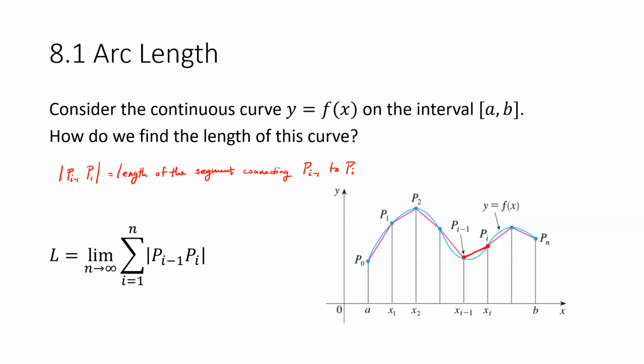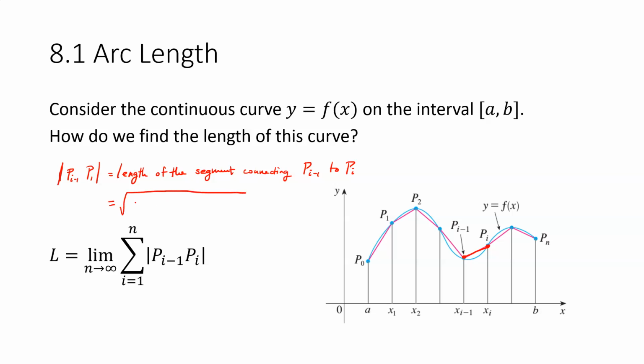So in fact, here we can write this as a distance formula, right? So if I'm looking at, say, this ith segment here from P_{i-1} to P_i, we can use the distance formula.